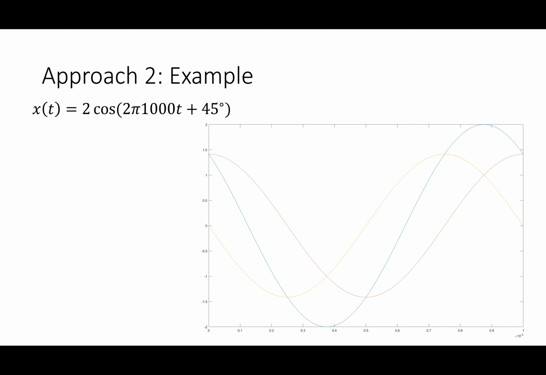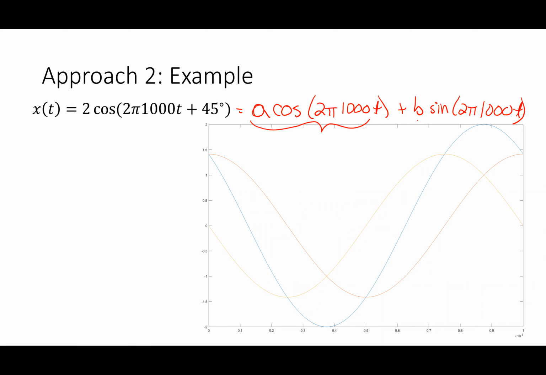What I'm saying is this guy can be written as A cosine 2 pi 1000 t plus B sine 2 pi 1000 t. And if I take this waveform here and this waveform here and I sum them, then I get this guy. All right, so let's take a look at this here. So which one is which in this picture? I can go back and figure out what A is equal to.